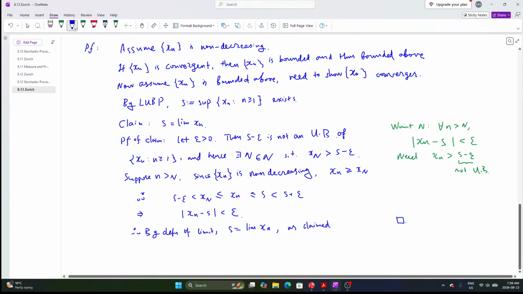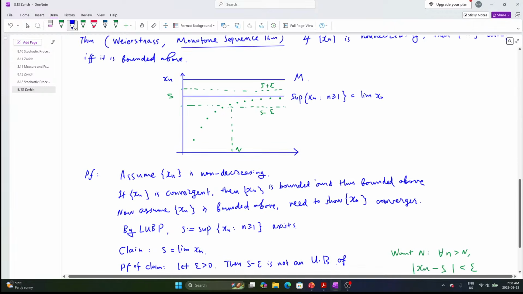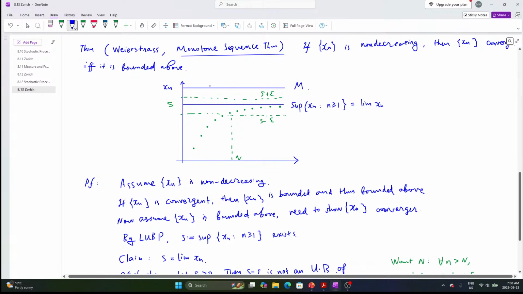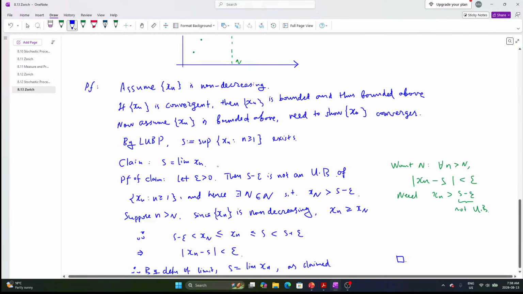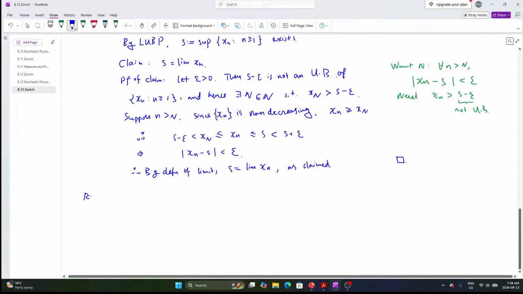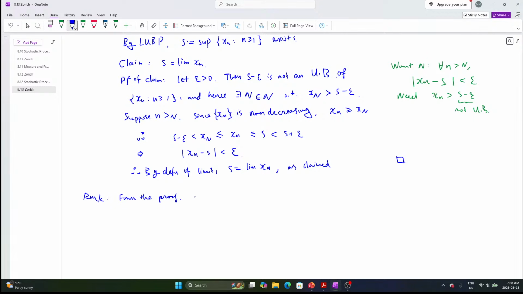So of course, the proof of the theorem says more. The limit is the supremum. So remark, from the proof, we actually have xn non-decreasing implies that the limit of xn is a supremum.